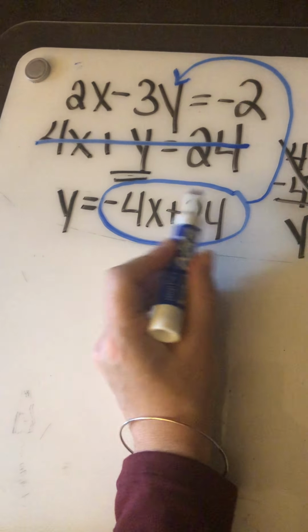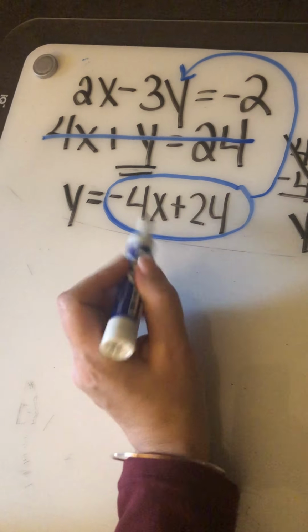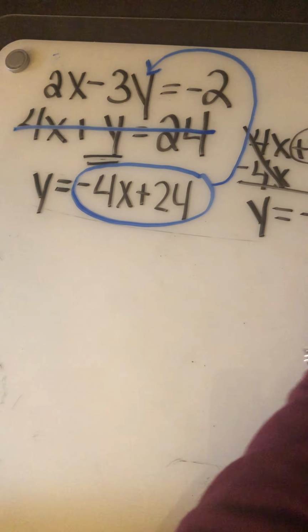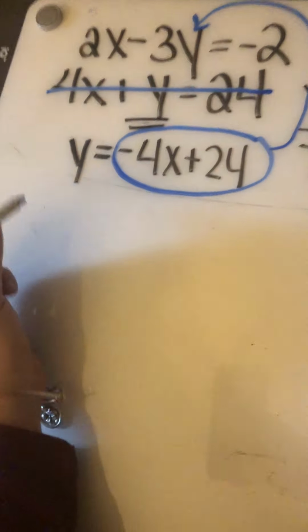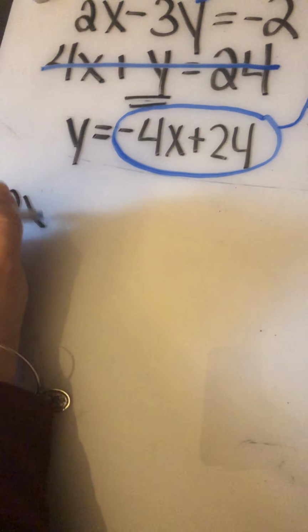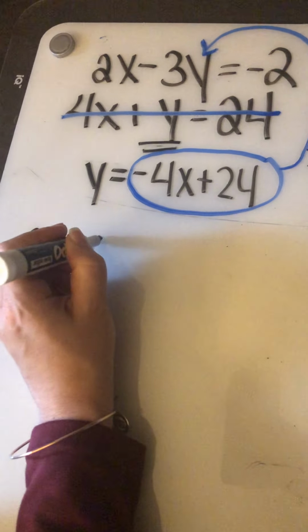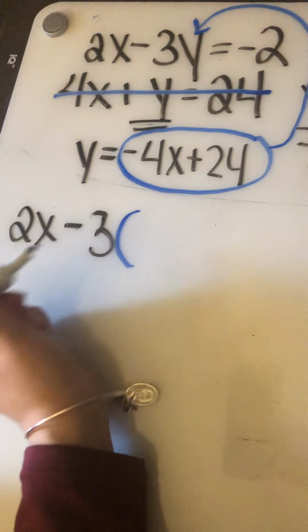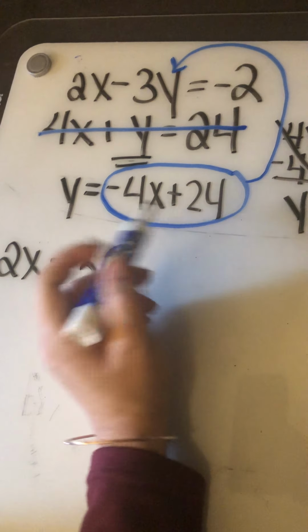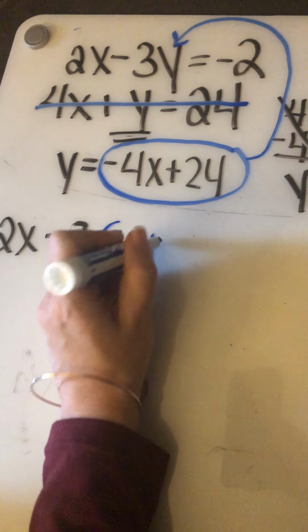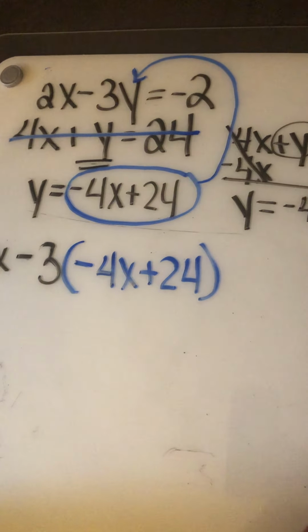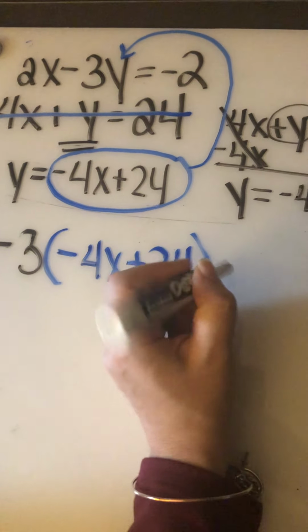So now that y is isolated, I'm going to take what y equals and substitute it in for the y in my second equation. So I'm going to write that equation over here. I'm going to write 2x minus 3. I'm going to put parentheses because I'm substituting in that value now. Parentheses. I'm going to put what y is. So y is negative 4x plus 24. And that equals negative 2.